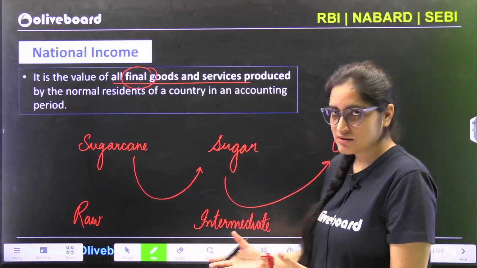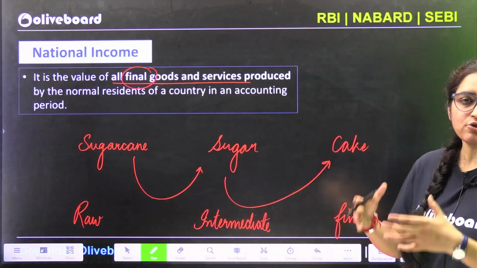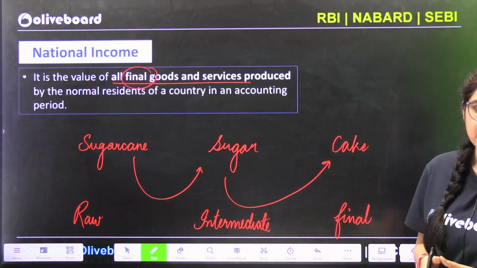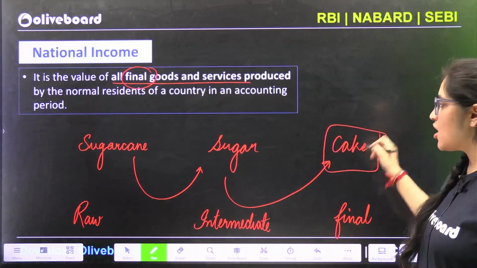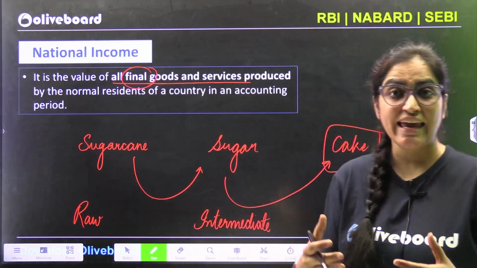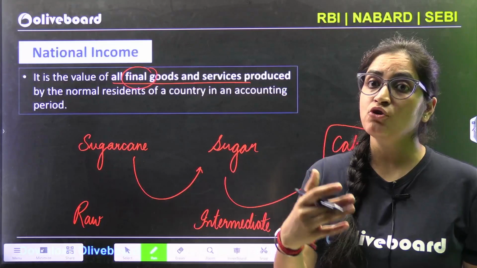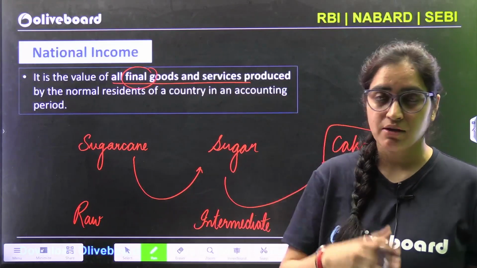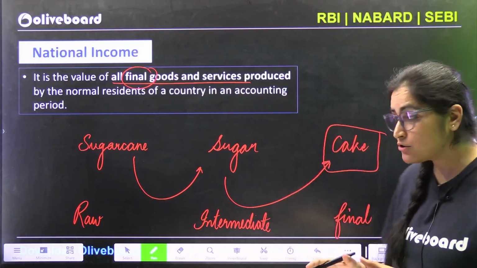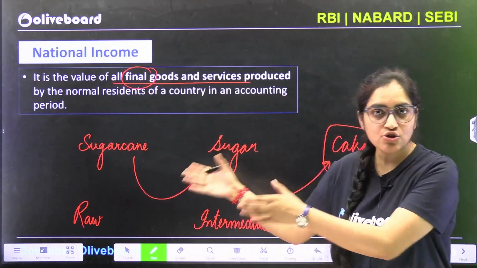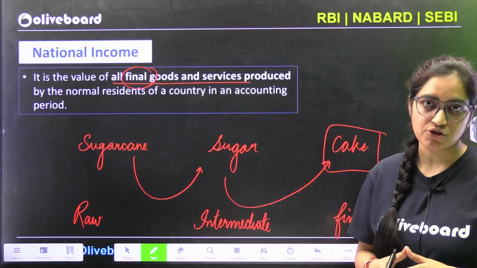So that simply means, what are you going to calculate in your national income? You are just going to calculate how much is the amount of cake, the monetary value of those cakes that are being produced in the economy. You are certainly not going to consider the value of sugar and the sugarcane in the national income calculation.